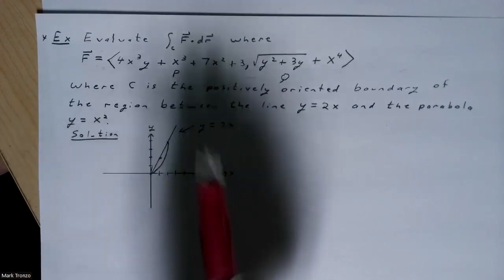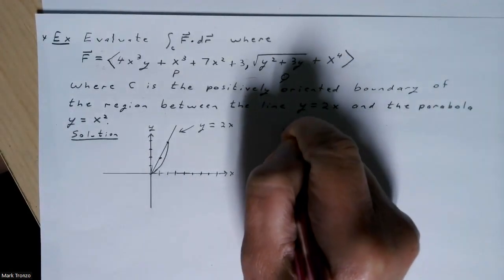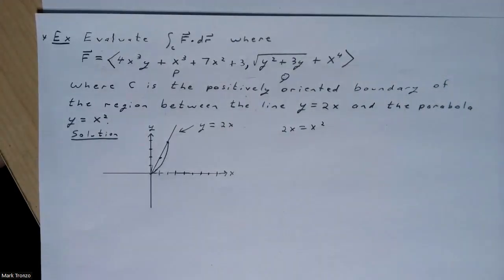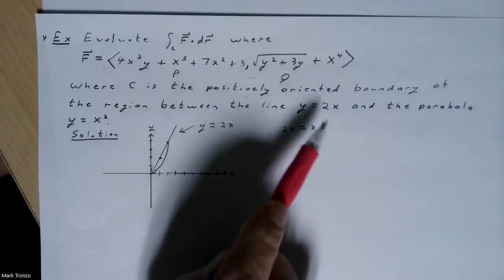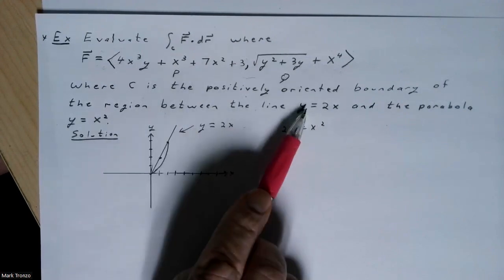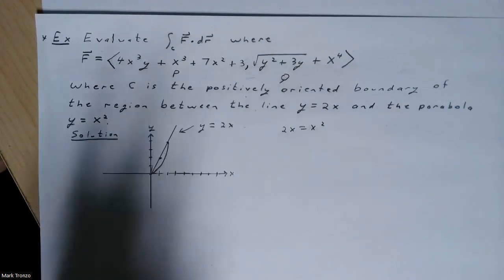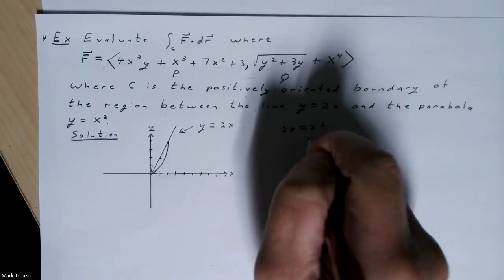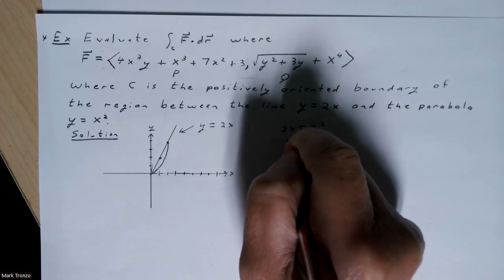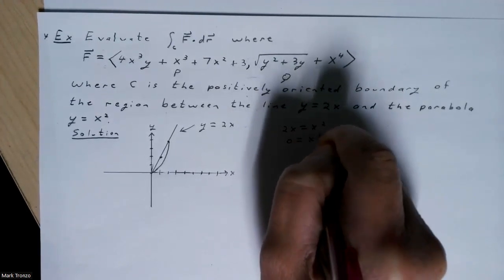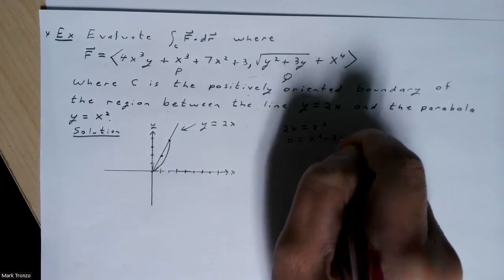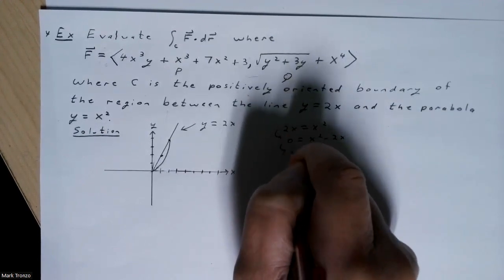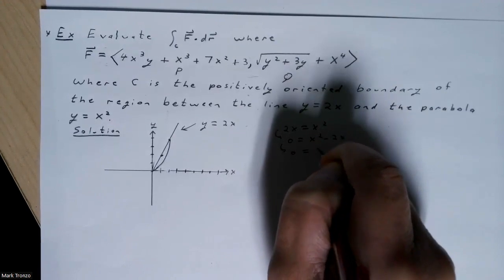And if you weren't sure of that, you could set these two equations equal to each other. 2x equals x squared. We want to find the intersection point, so we want to find where this is equal to that. These are both equal to y, so we can set them equal to each other. Now we know one point is going to be at x equals 0. Let's actually factor this. This is kind of the most precise way to do this.